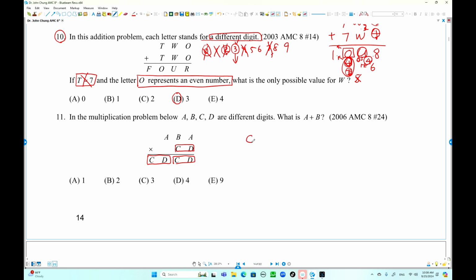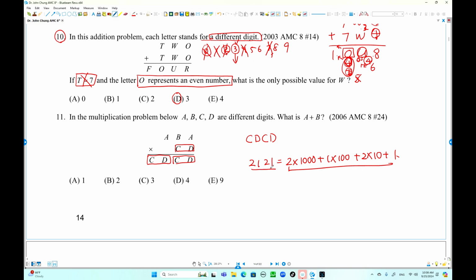You know that the value of CD and CD, when you have, for example, 2121, the value of this one is 2,100 plus 21, right? That is the value of this.